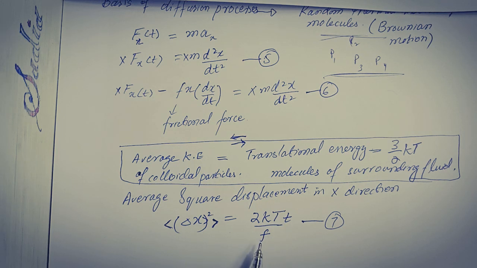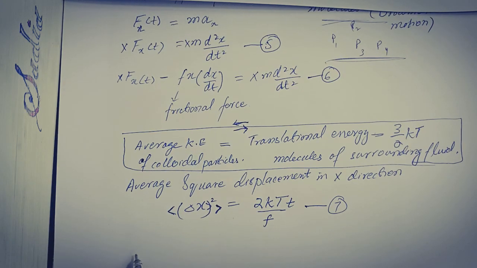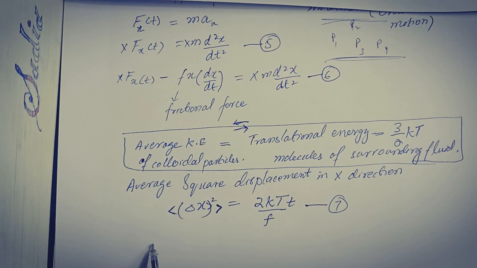And if the particles are spherical, then the particles have radius r. So for these kind of particles, the frictional force coefficient, that is F, is given by 6 pi eta r.